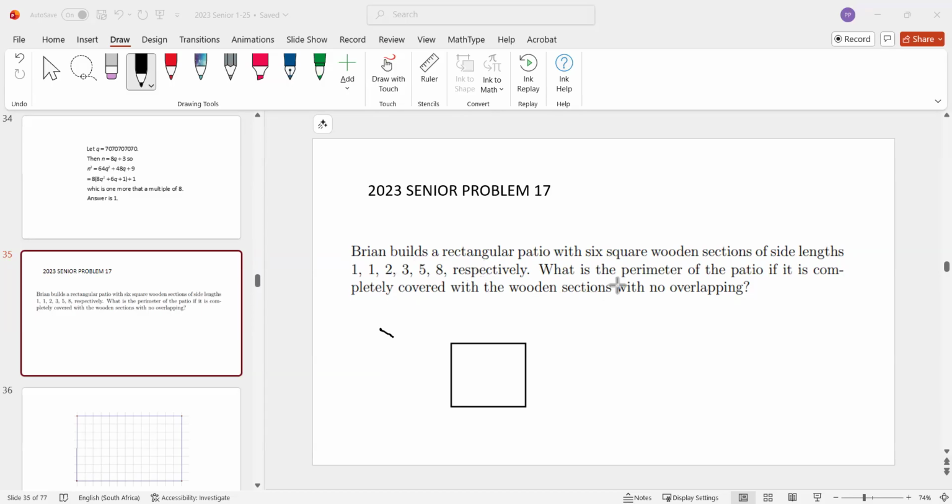You patch them together to make a rectangle. Now the question is, how do you patch them together?